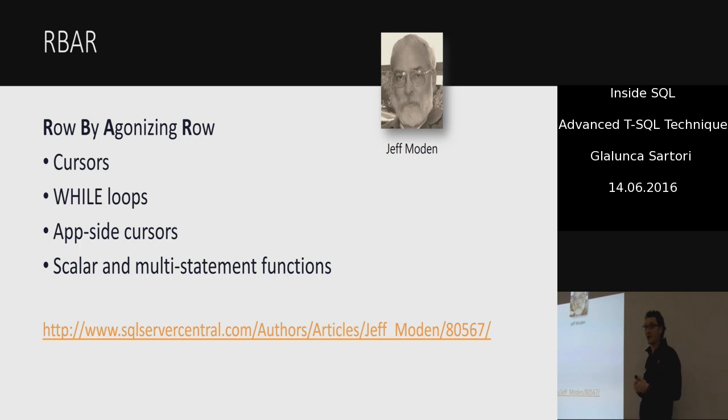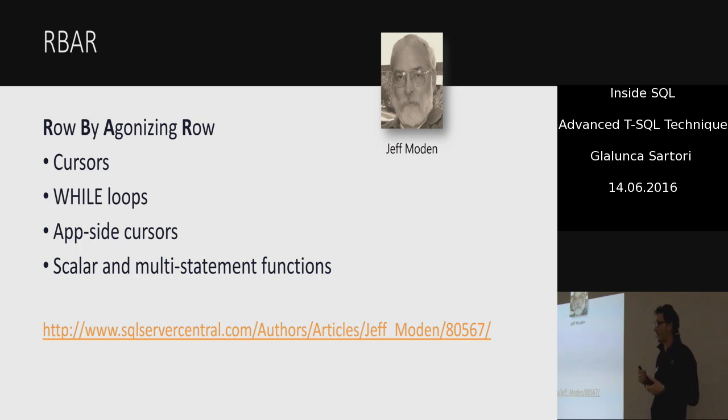And also we have some hidden forms of RBAR, such as scalar and multi-statement functions that do things one row at a time, or some rows at a time, in the case of multi-statement functions.